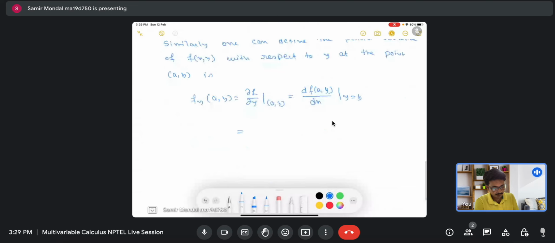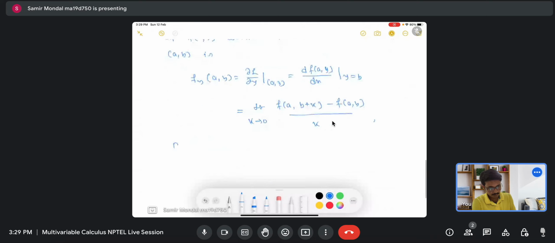Then we will get the limit as k tends to 0 of f of a, b plus k minus f of a, b divided by k, provided this limit exists.